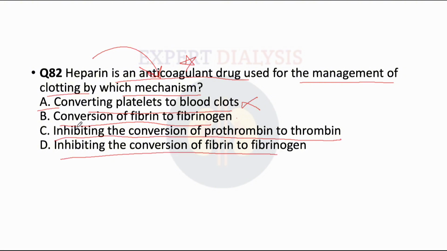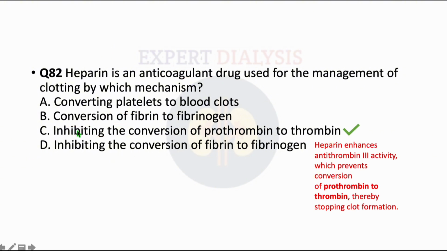We all know that the main function of heparin here will be inhibiting the conversion of prothrombin to thrombin. It does not directly stop the fibrin to fibrinogen conversion. Let's see what the explanation says. Heparin enhances the antithrombin 3 activity, which prevents conversion of prothrombin to thrombin.